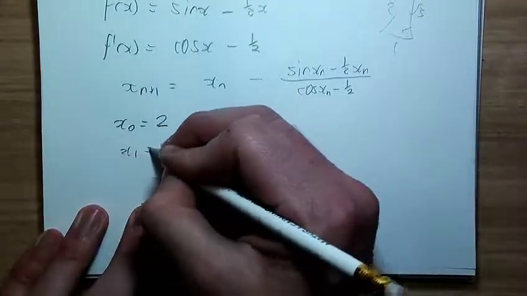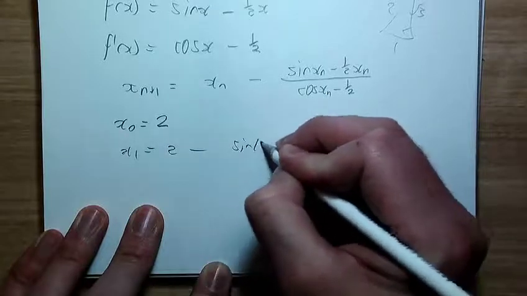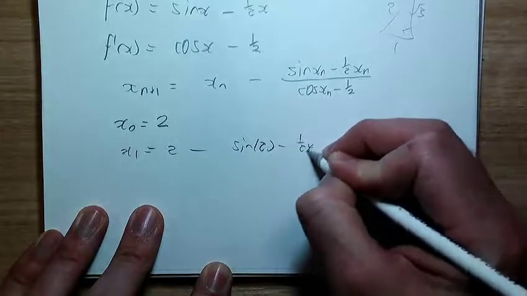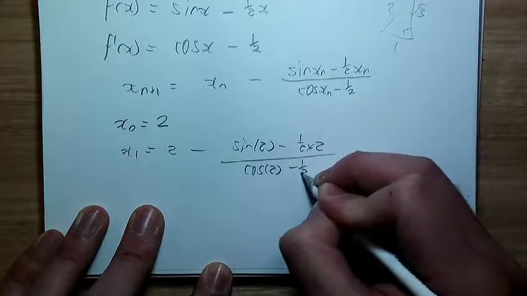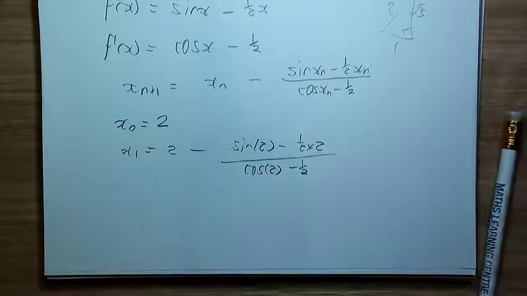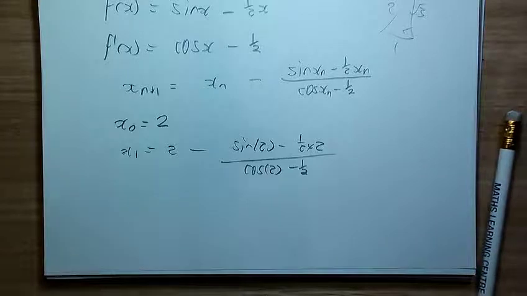So x1 will be 2 minus sine of 2 minus a half times 2 over cos of 2 minus a half. Could someone calculate what that is? Be careful with your brackets.